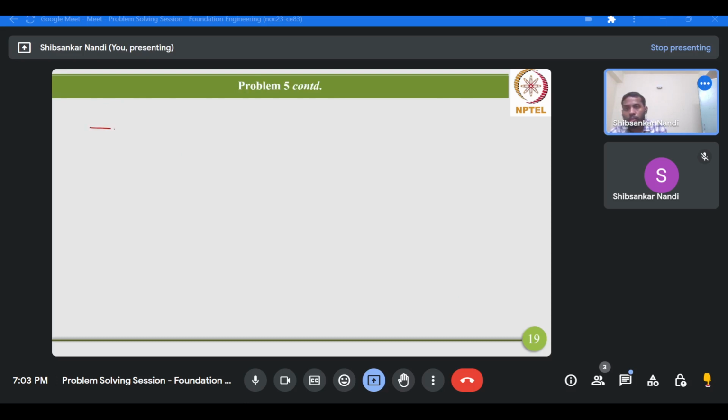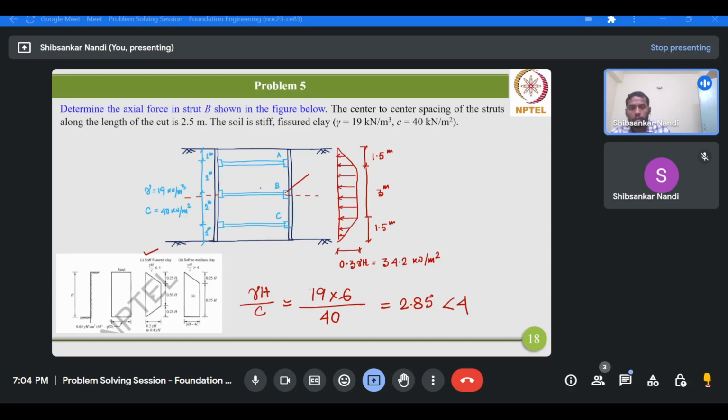So this is your reaction in B, and this is reaction at A. Okay, so we will be having two reactions, RB prime and RB double prime.